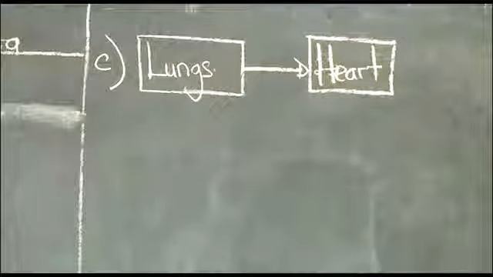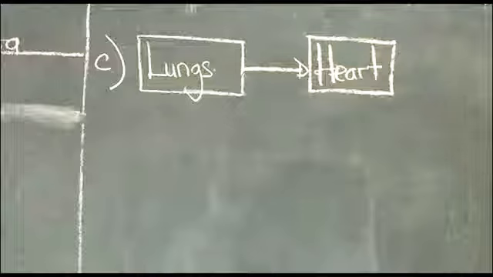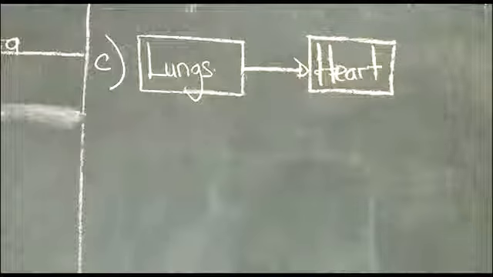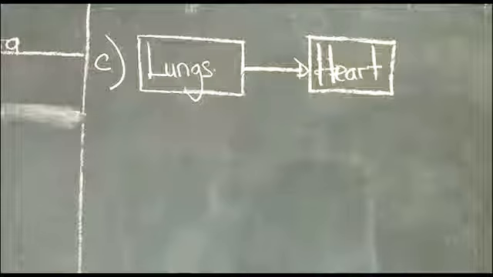Based on that idea, we can now answer our question. From the heart, the body, and back to the heart is a big circulation because body is all body parts. Then from the heart to lungs and back to the heart is small circulation because lungs is just an organ of the body. So for this case, we are asked which of the arrangements below represent small circulation.